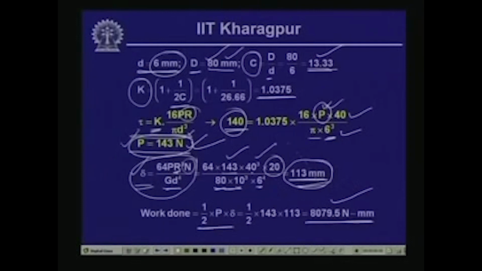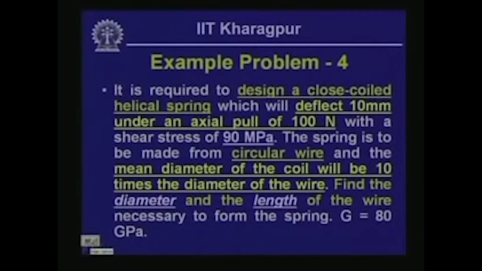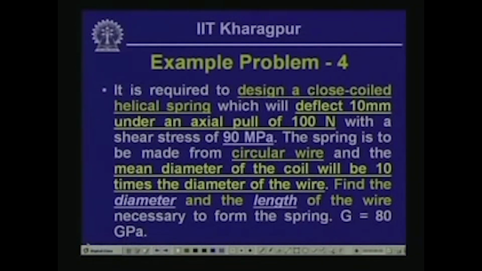So, as you can see, in this particular spring you can apply a load P equal to 143 Newton, and when you apply that load, the spring coil can undergo a deformation of 113 millimeter, and the work done by applying this load and deforming the spring to 113 millimeter is 8079.5 Newton millimeter.